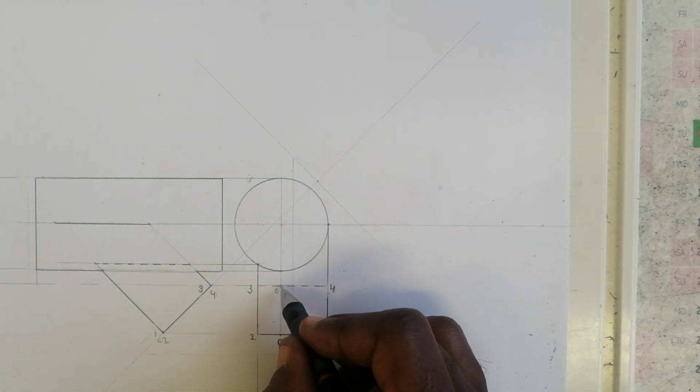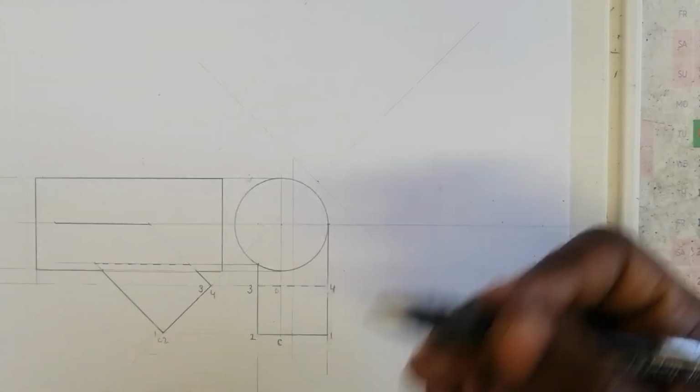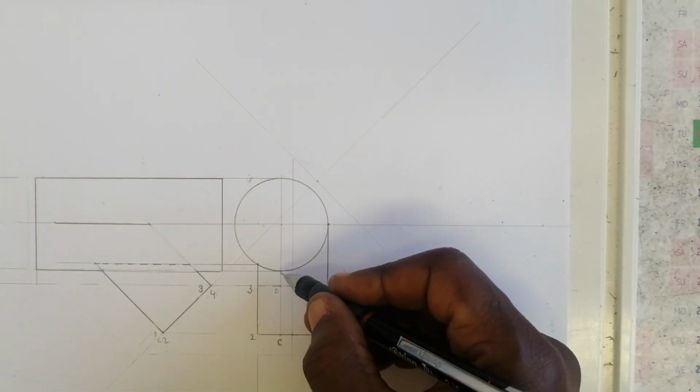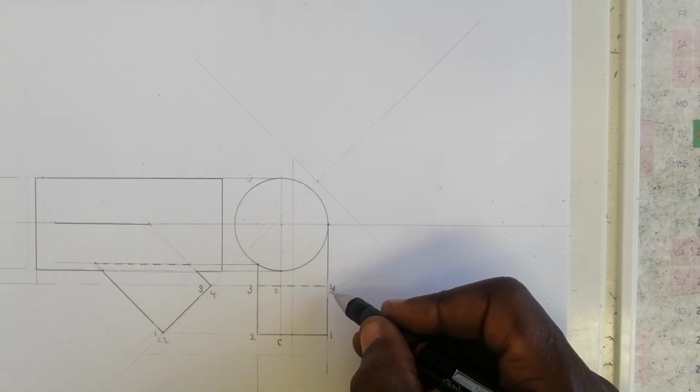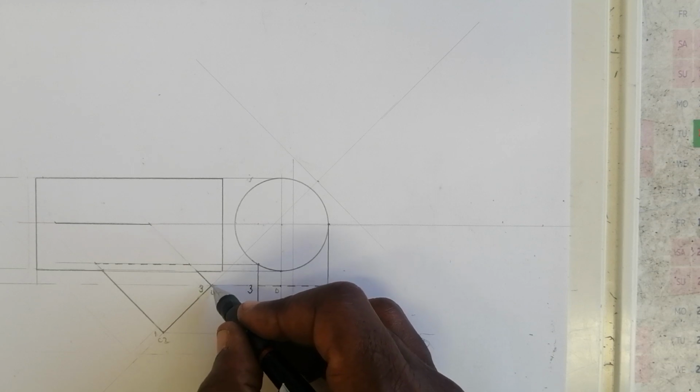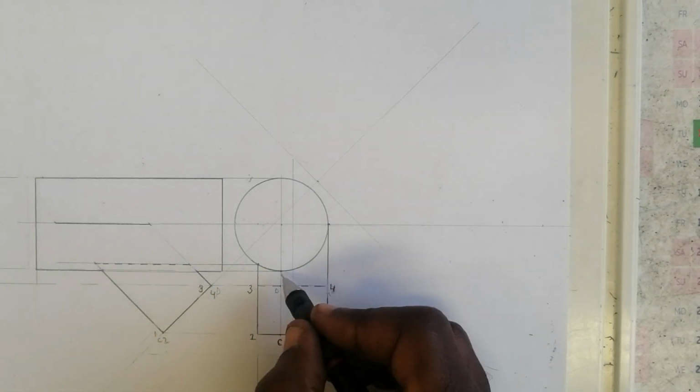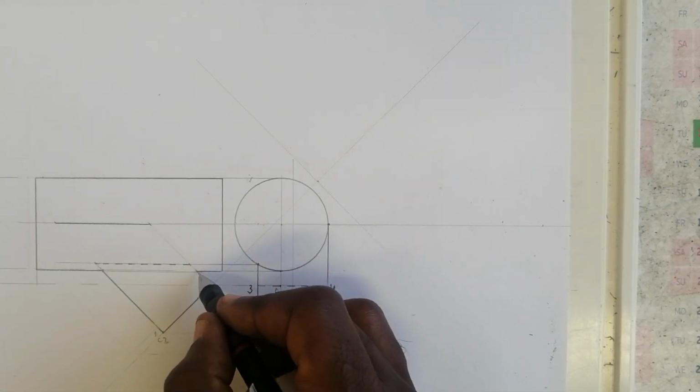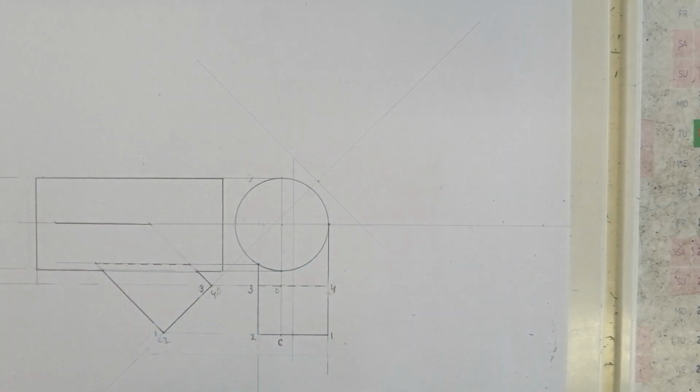You see, D is this point here on a hidden line, so it intersects with the center there, so it's on the line 3 4, so D is here on the line D4. Now it comes here, the intersection is there.